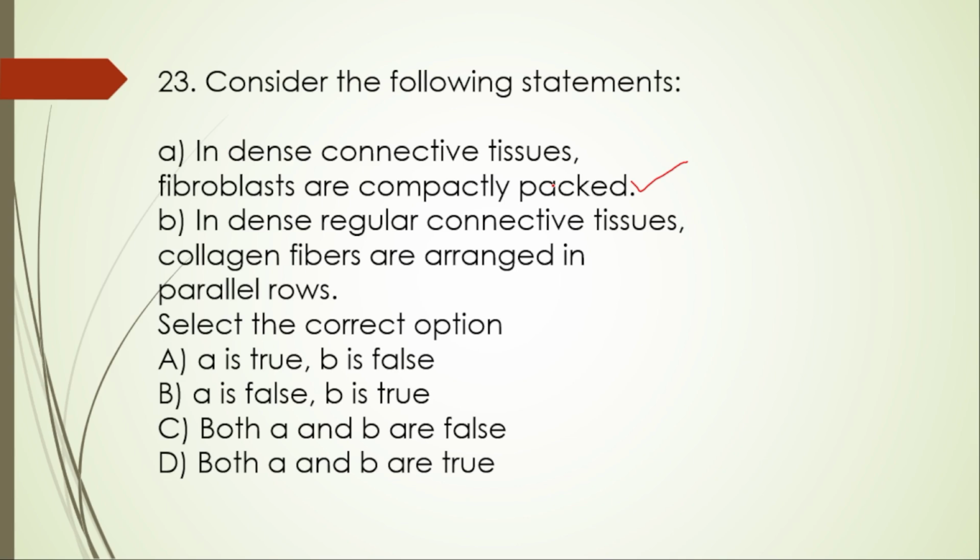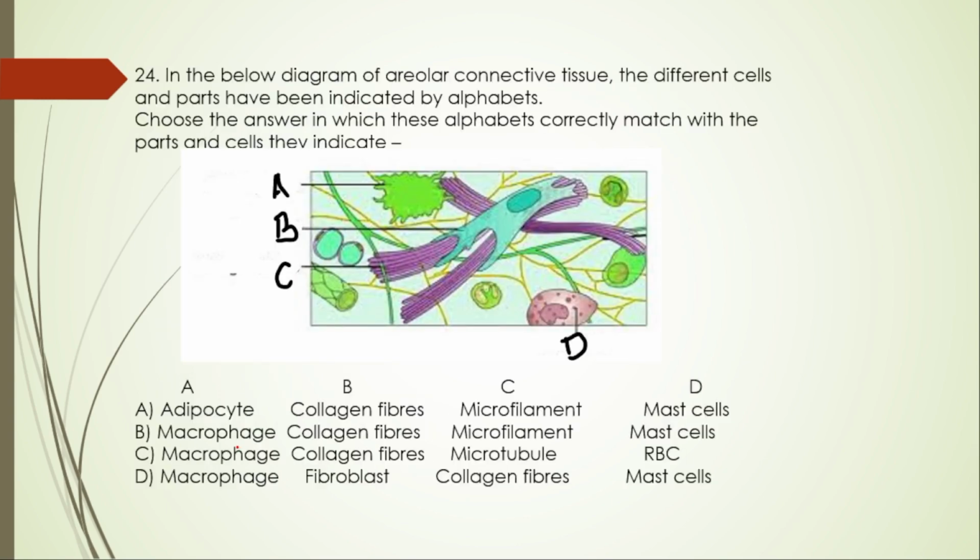The fibroblasts, which are the cells responsible for producing these fibers, are indeed squeezed and compactly packed between dense bundles of fibers. So this one is right. And B, in dense regular connective tissue, collagen fibers are arranged in parallel rows. This one is also right. So both A and B are true, and option D is correct here. Next, the diagram is given. Here, 24th question.